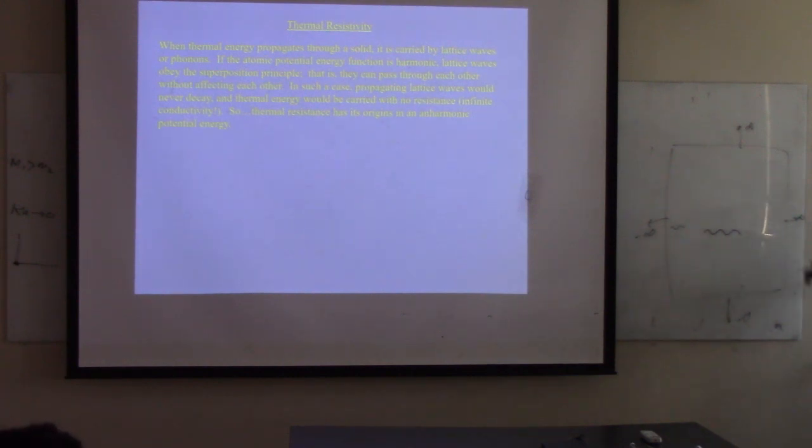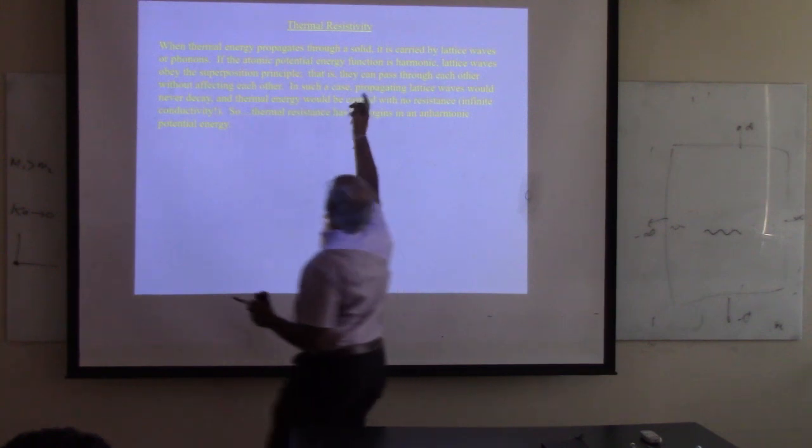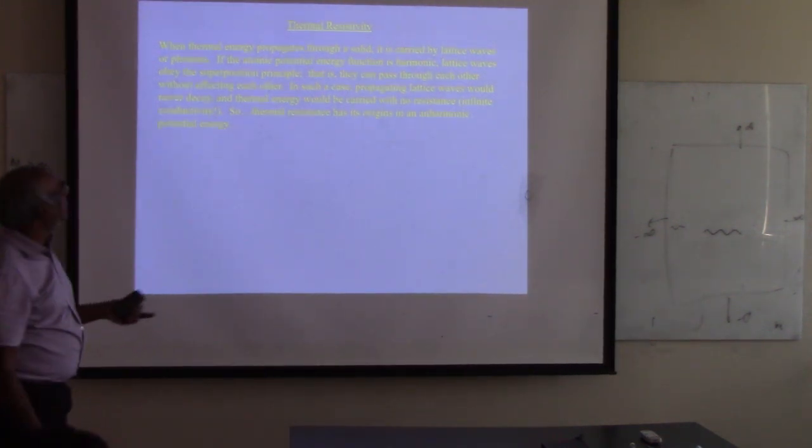So that means if there is no resistance for this flow, then you will have infinite conductivity, right? So that's what this says, right? When thermal energy propagates through a solid, it is carried by lattice waves, right? So that's what the phonons are.